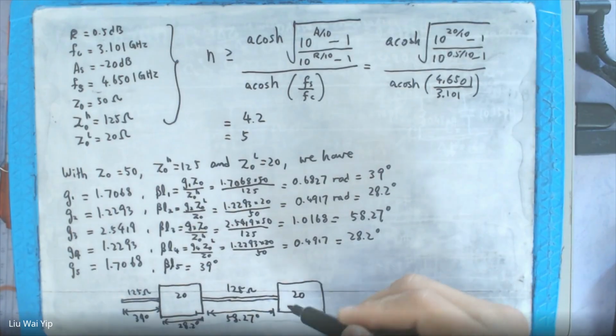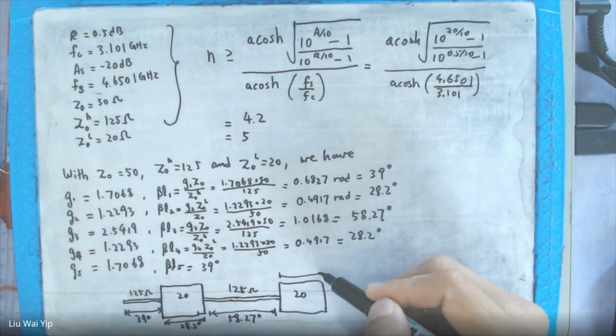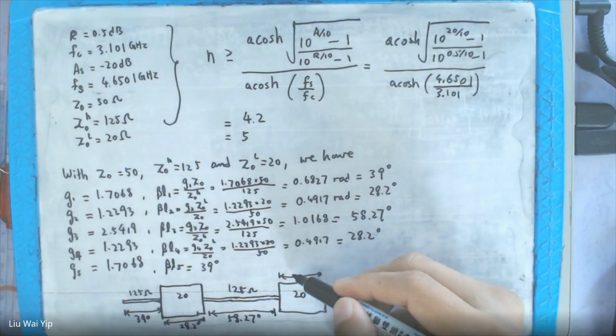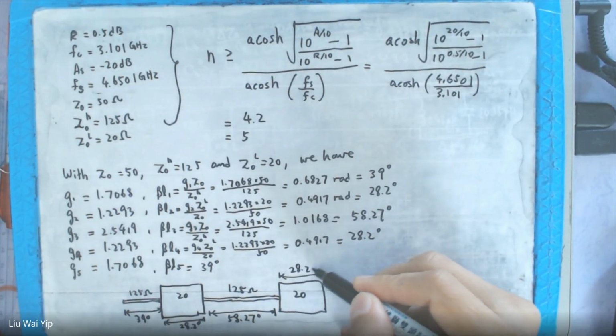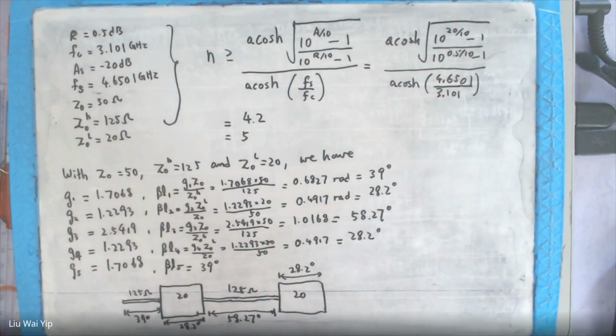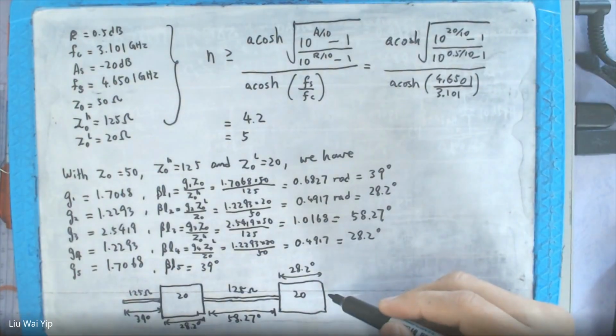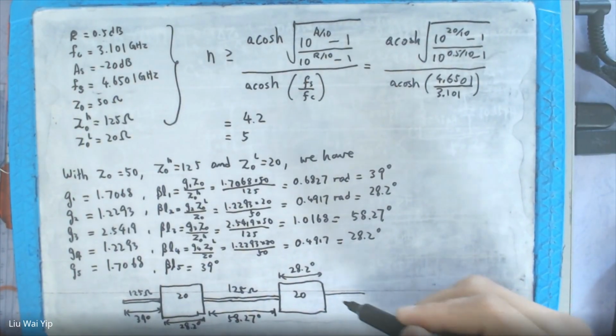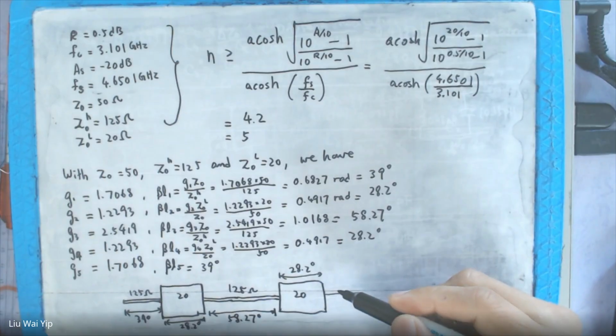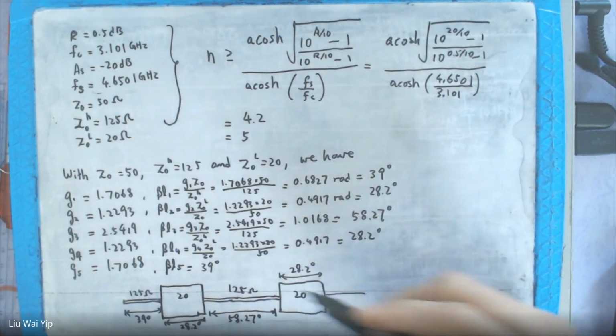And the length here will be 28. So if the order is odd, then the filter will be symmetrical. The final one is 39 degrees.